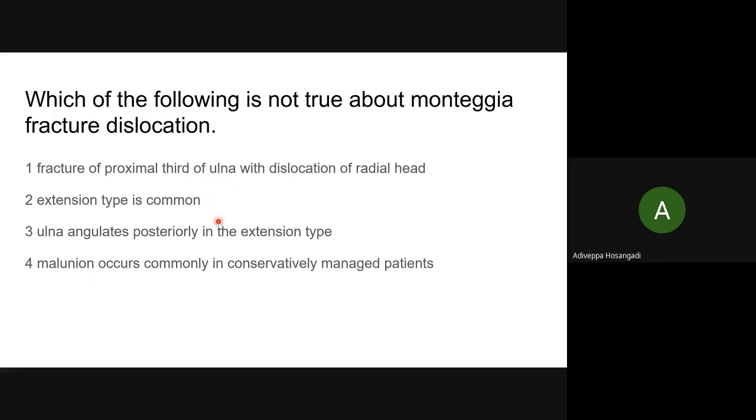Then, sir, ulna angulates posteriorly. See, angulation is in the direction of the head. If the head is dislocated posteriorly, the angulation of the ulna is posterior. Remember this, so then there will be no confusion.